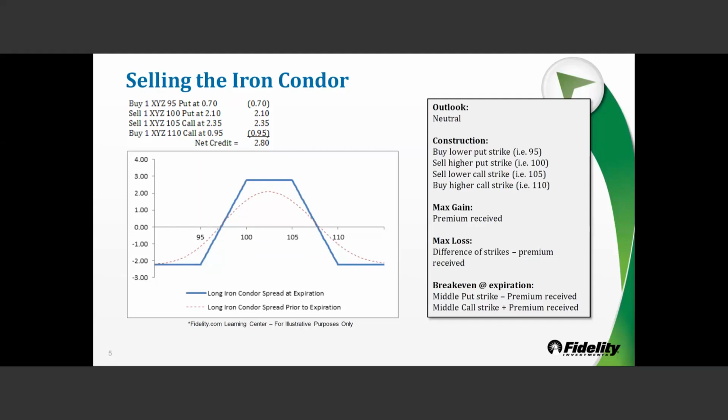It is too risky. But if you think iron condor is where you are going to make money, you can certainly get into this, especially if you buy indexes which don't move that much as a stock does.